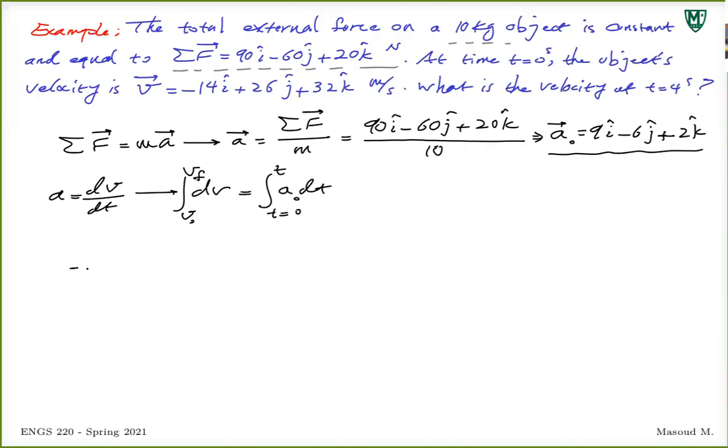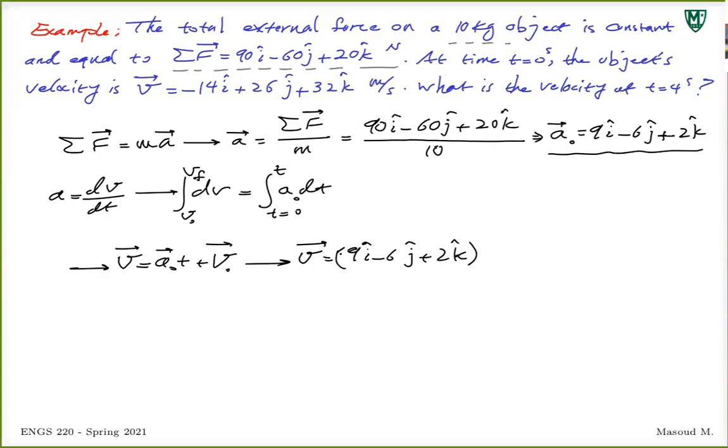If you remember, for constant acceleration, we had v is equal to a naught t plus v naught. These are all vectors, just in case. So v becomes a, which is 9i minus 6j plus 2k, times t, and t is 4, plus v naught.